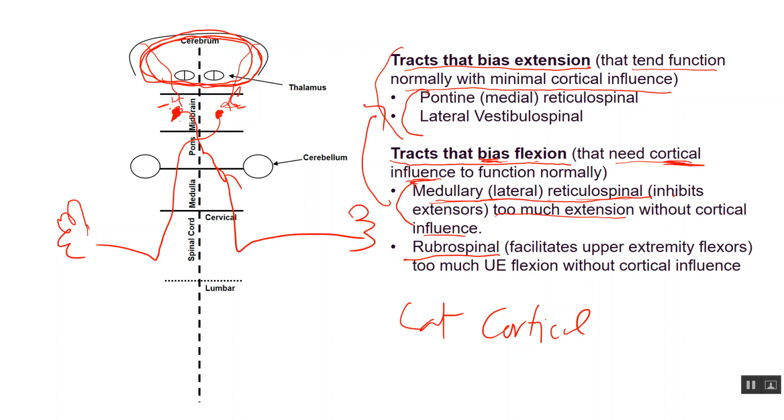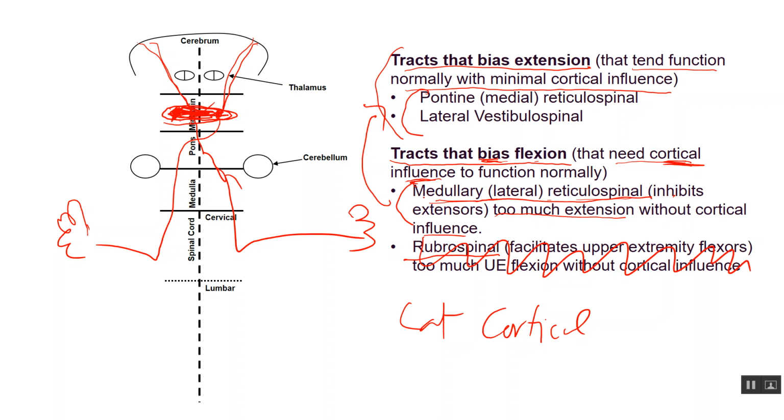Cortex is damaged. But now let's have a lesion that extends down into the midbrain. And that lesion typically blocks even cortical influence from higher centers. When you wipe out the corticospinal tract, now the upper body has very little flexion bias to it.